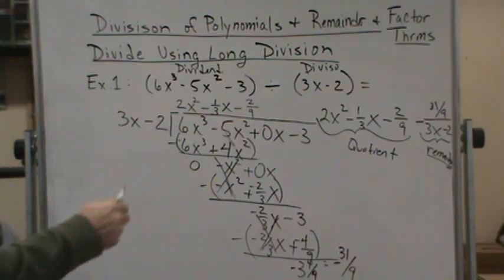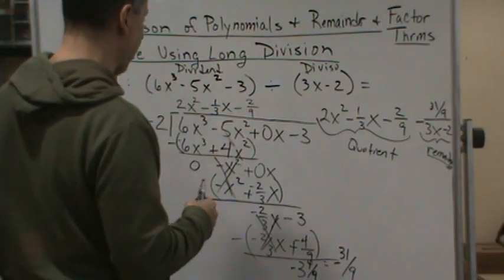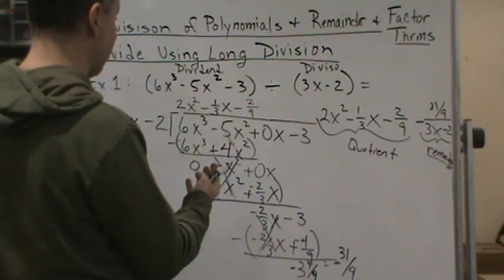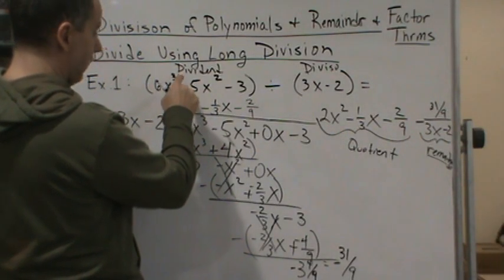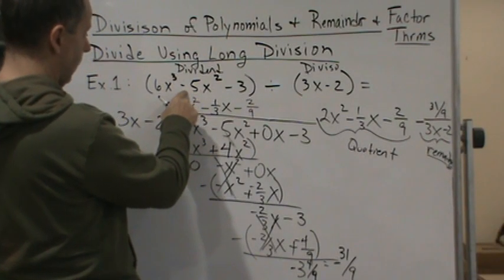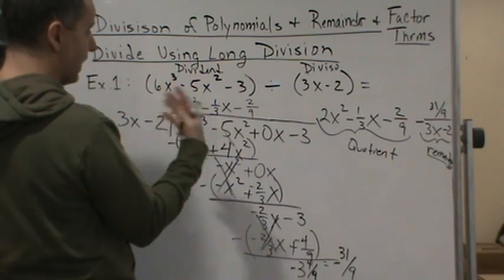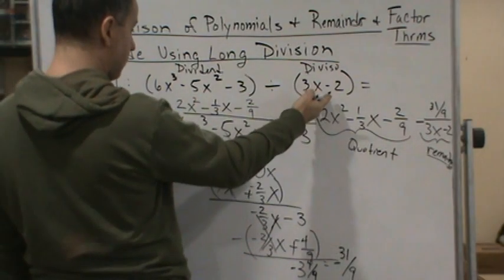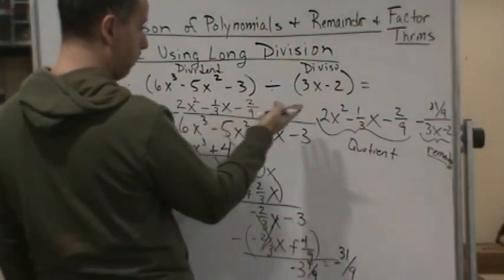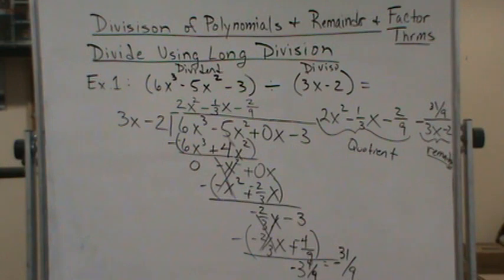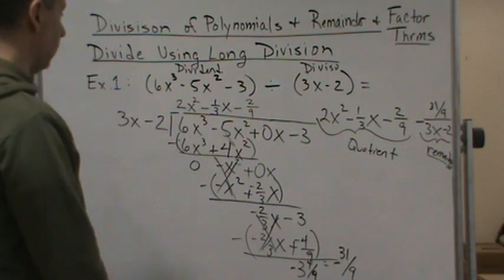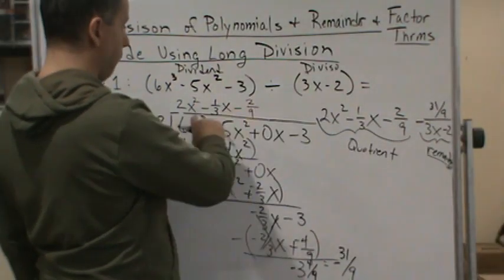Another way of writing it is to write the dividend as a product. We can write the dividend as the divisor times the quotient plus the leftover remainder. All we have to do is multiply through by the divisor.